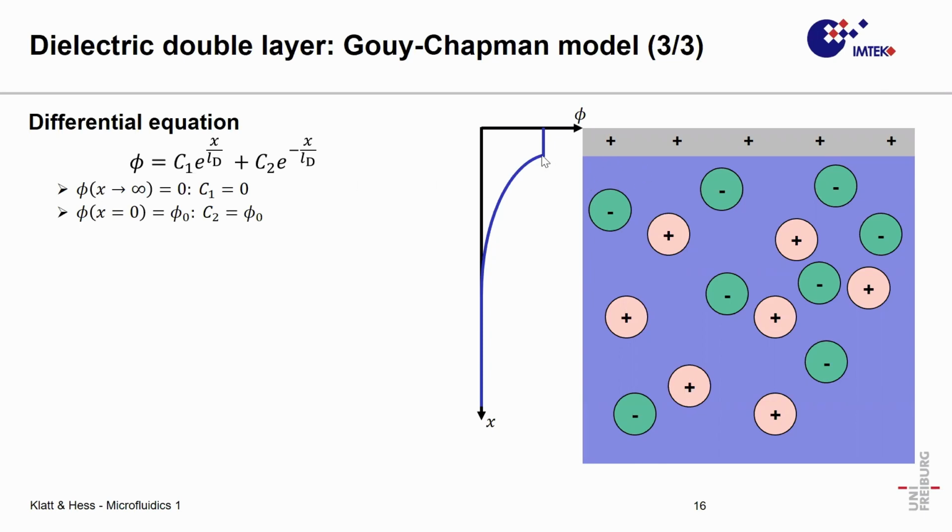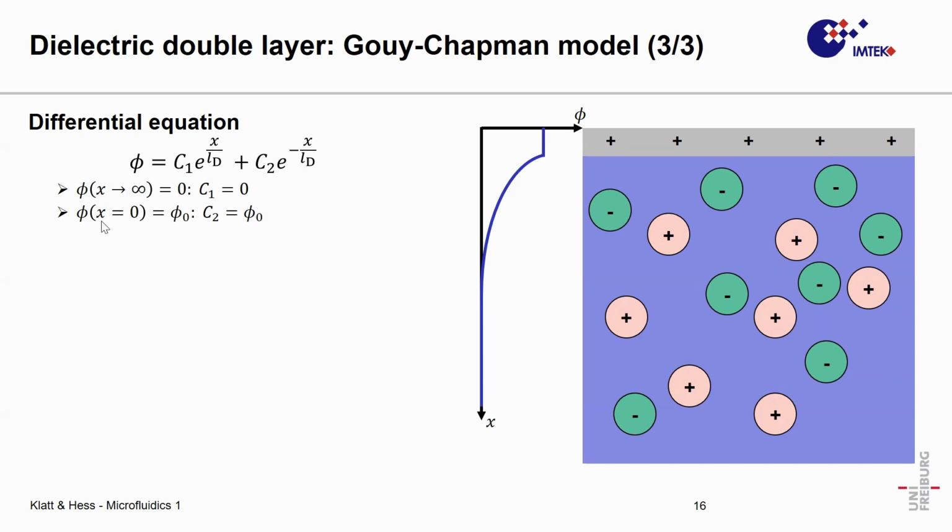If you move far away from the solid-liquid interface, you will have no electrostatic potential because then you're only in the bulk solution. So if x goes to infinity, the electric potential equals 0. And this automatically means C1 equals 0, because the first term is going to be 0 if x goes to infinity.